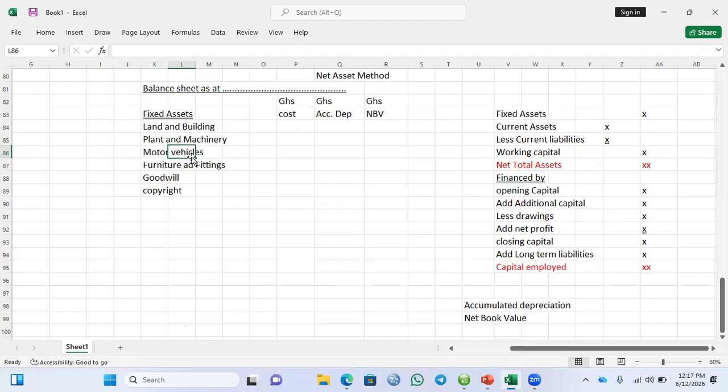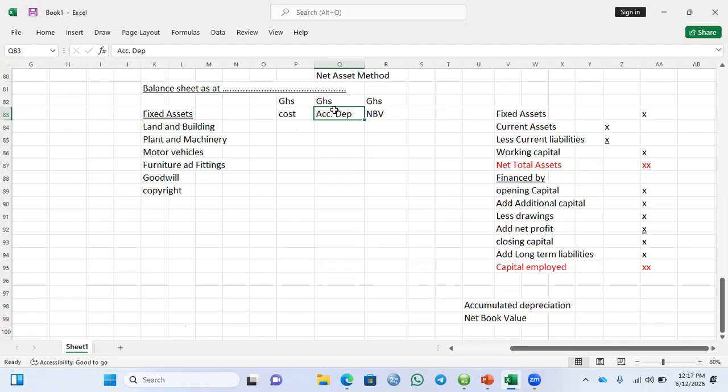Now, there is a way we can measure this depreciation. There are several methods for measuring, and I think when you start the adjustment, some of these things will become clearer to you. But I just want you to understand. So when you bring the cost, this accumulated depreciation refers to how much the asset has reduced in value.